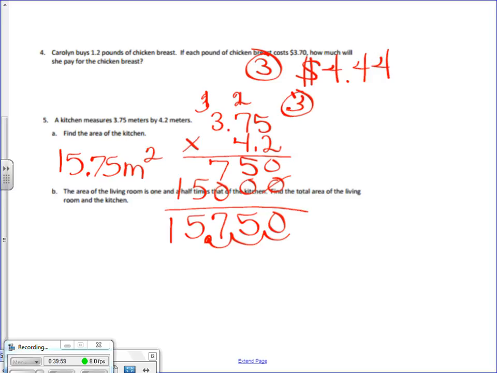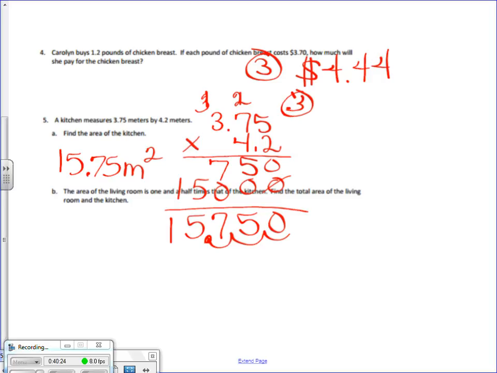It's because it's feet times feet. They're talking about the length times the width. It's feet times feet. So this is meters times meters. So it's a unit times a unit. So it's square meters.